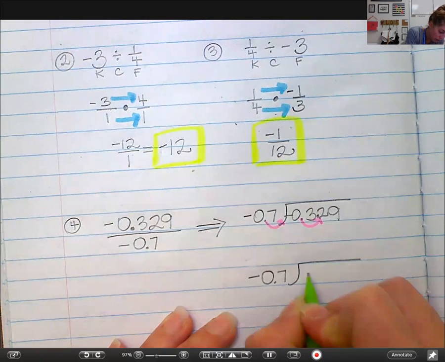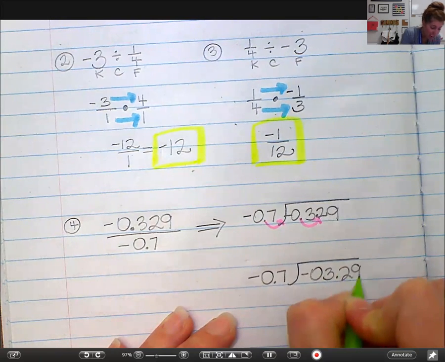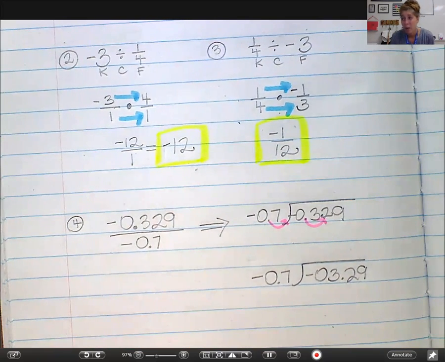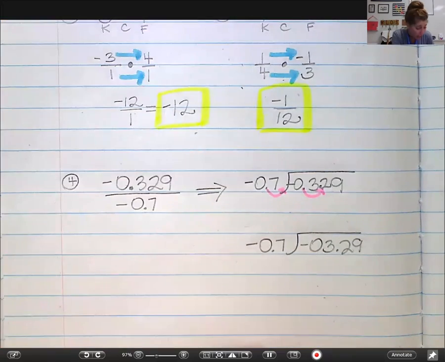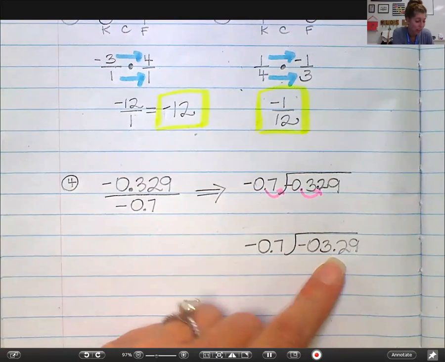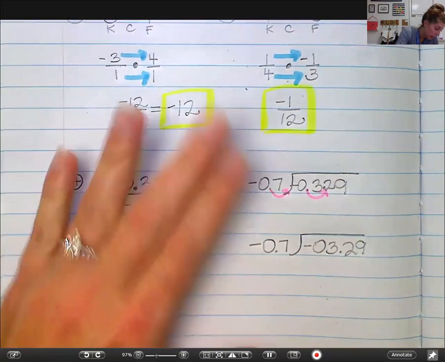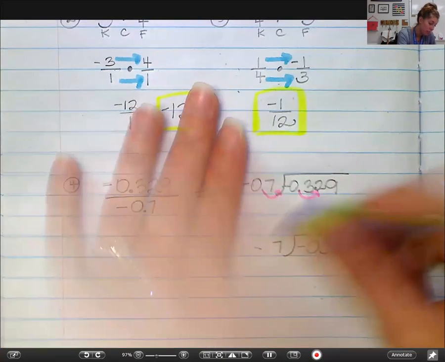There we go. -0, 3.29. I truly don't need that 0 there, but I'm going to keep it just so you can see what I did. All I did was move that decimal and rewrite it in its new form. This is definitely easier.